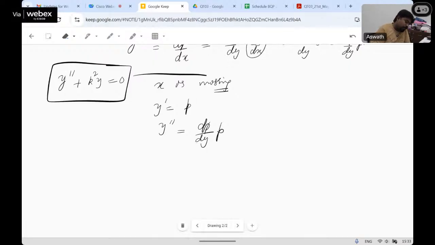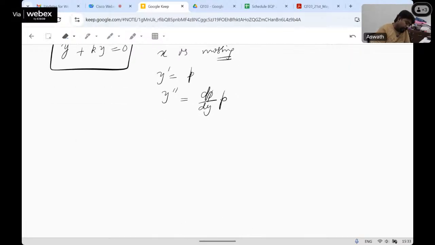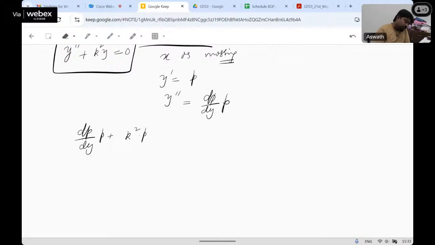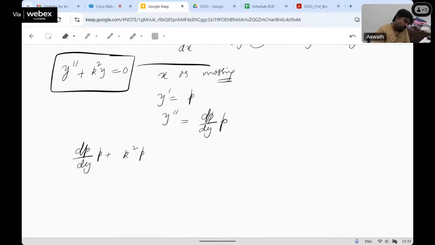These are the two substitutions. So I get dp by dy into p plus k square y equal to 0. This is the equation I have.